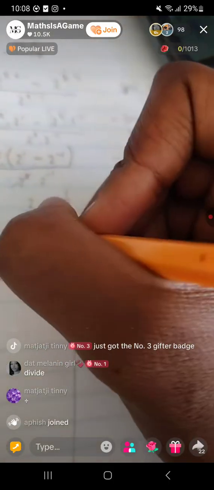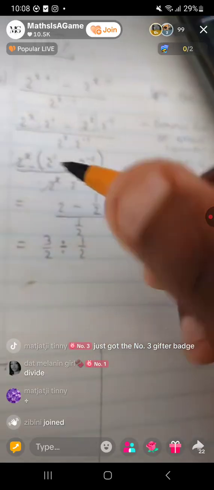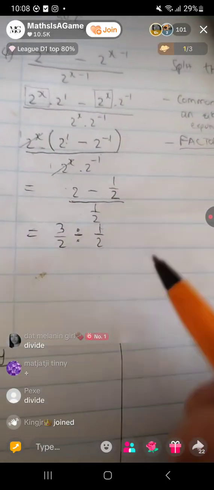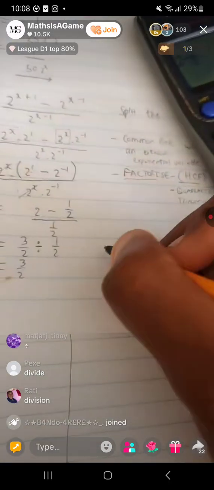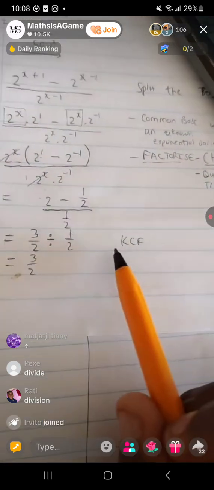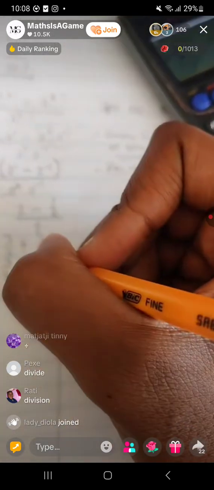Yes, it means divide. So 3 over 2 is going to be divided by what at the bottom? By half. And obviously, guys, we do the, is it KCF? Keep, change, flip.